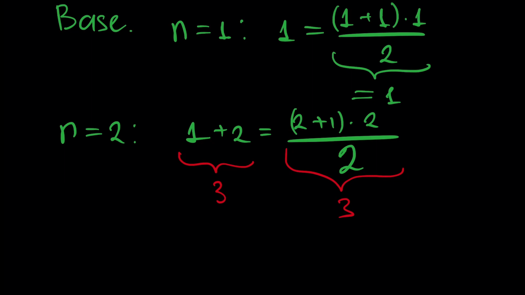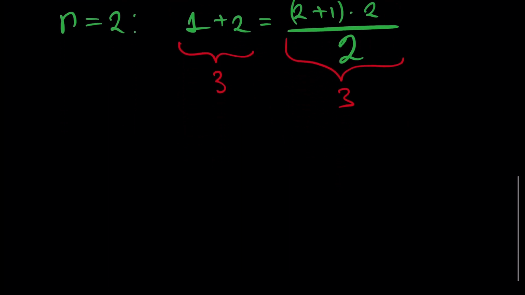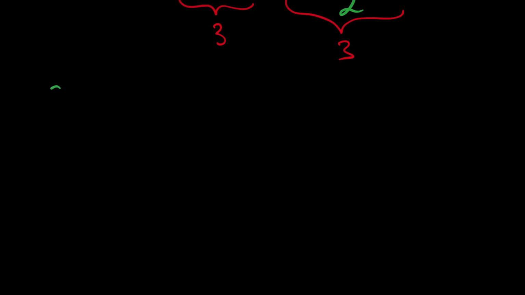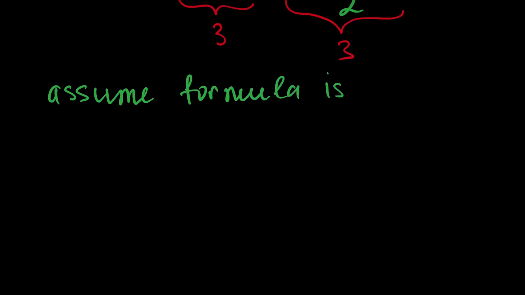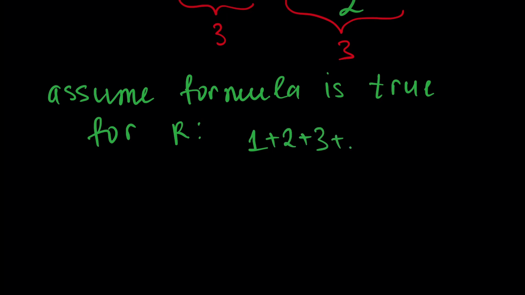So the base of induction is correct, and let's assume that this formula is true for k. For k, assume we have 1 plus 2 plus 3 and so on plus k is equal to k plus 1 times k divided by 2.